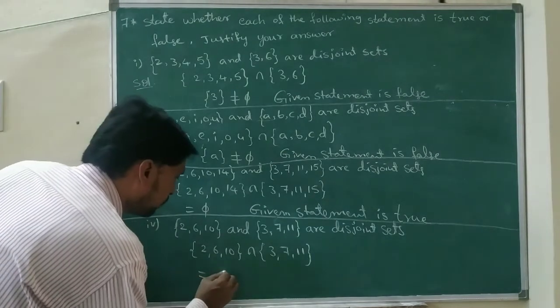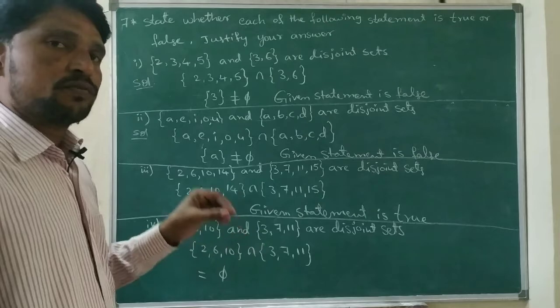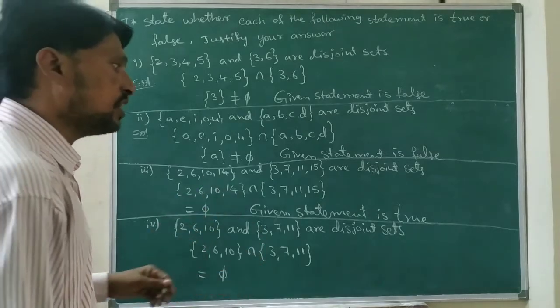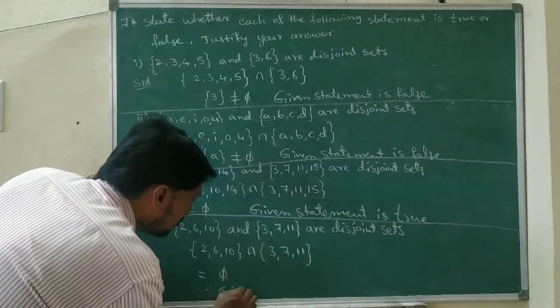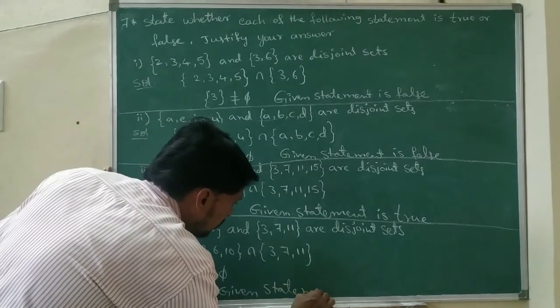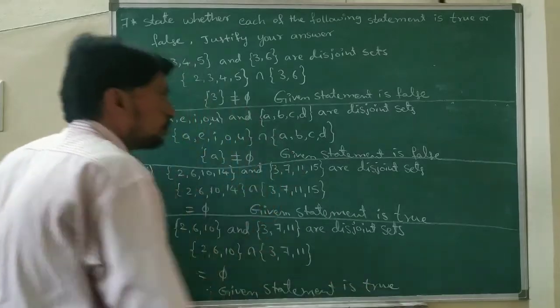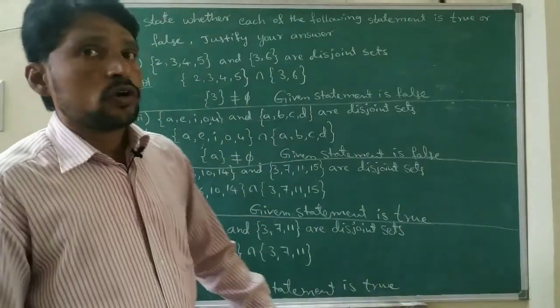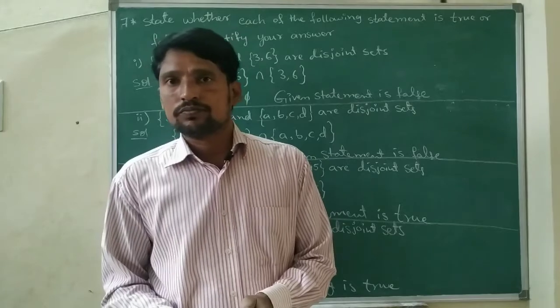Nothing common means we can write phi. Phi we are getting means that the intersection of two sets is phi, so the given statement is true. So this is the total complete exercise of 2.2.